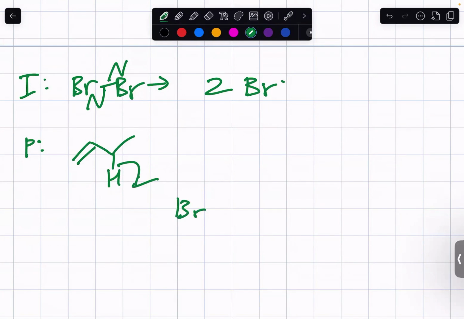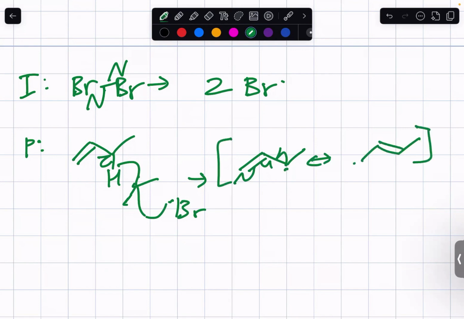And let's say we create a radical right there, like this, right? And once we have this, then we could form the resonance set that leads us to our two different products, right? And then our other bromine radical will then just interact with that radical to give us our final products, right?